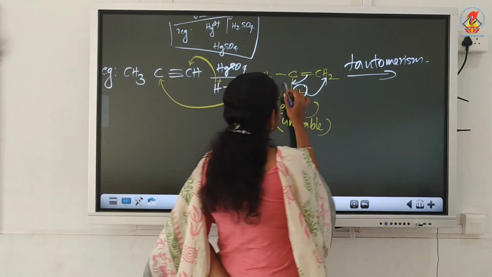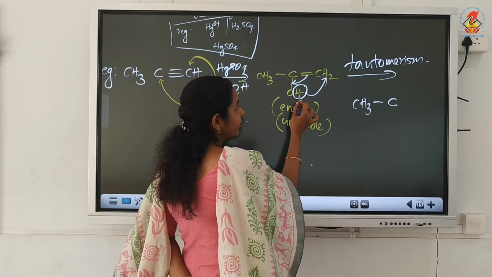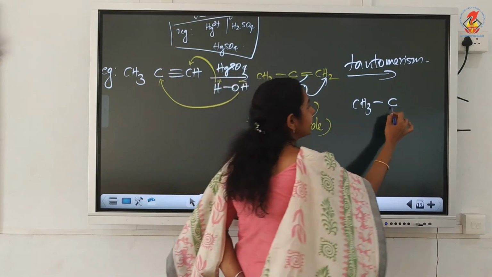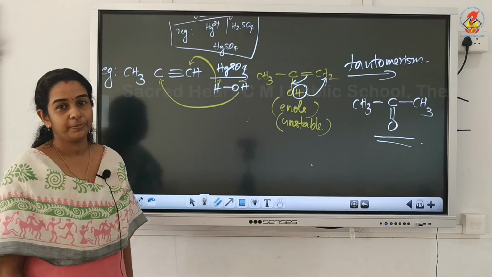So what we get is CH3, then C, with the OH becoming, now there is no hydrogen here, a double bond to oxygen, and CH2 will become CH3. What we got now is a ketone.